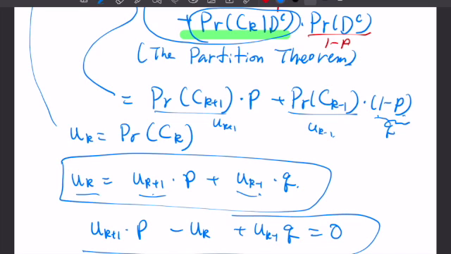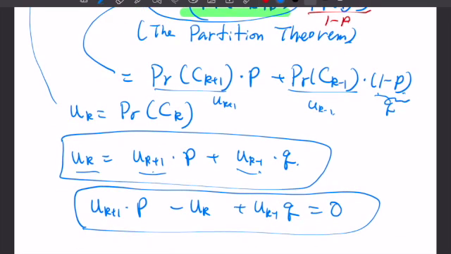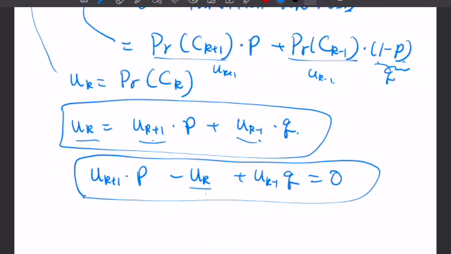Now, if we can solve this difference equation, then we know each term u_k for k starting from whatever the values. And to solve this we need some boundary conditions. So that is, what is u_0?